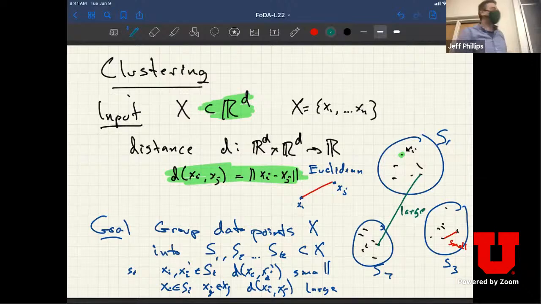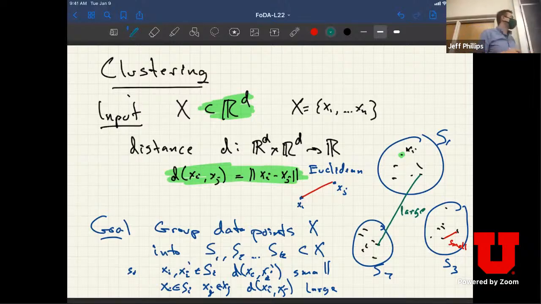If I split one of these clusters into two clusters, then some of the points that are in different clusters are going to end up being close to each other. So I don't achieve the second one, that points in different clusters are far from each other. You can see some trade-off, and maybe you can find a good balance, but there's not one way of answering the question of what is the right way to do it.